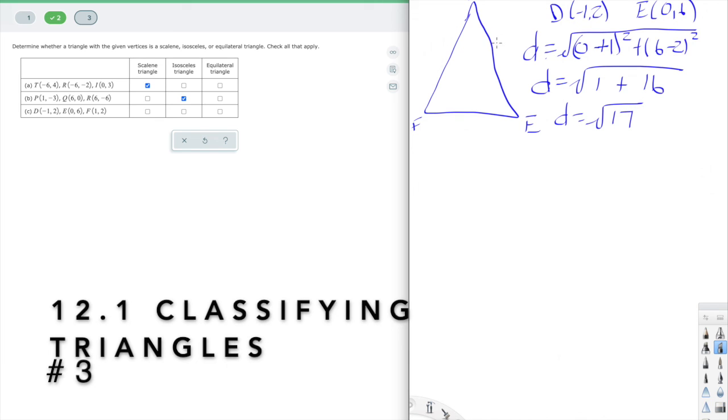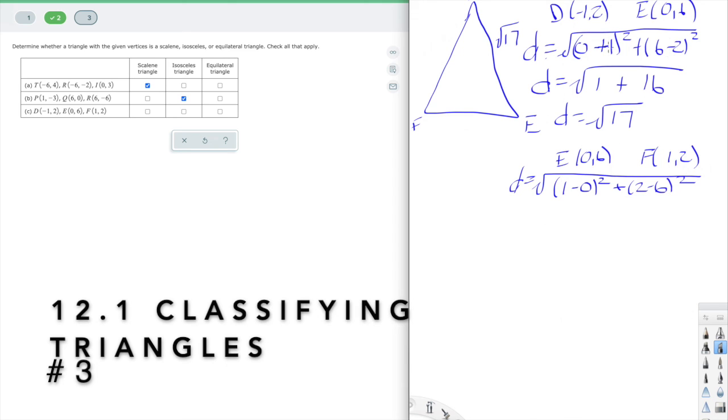Alright, now let's go EF. So E is 0, 6. F is 1, 2. Distance equals, so I get 1 minus 0 squared plus 2 minus 6 squared, and that looks a whole lot like the one up here.